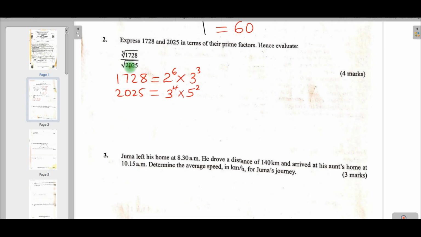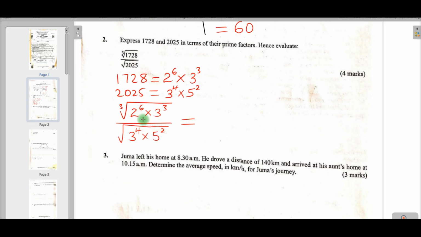And therefore we are going to rewrite the cube root of 1728 as the cube root of 2 power 6 times 3 cubed, all over the square root of 2025, written as the square root of 3 power 4 times 5 power 2.